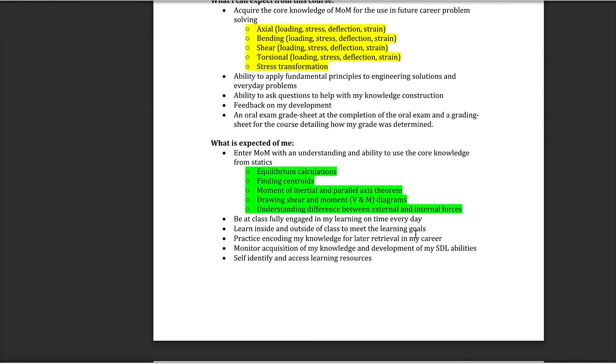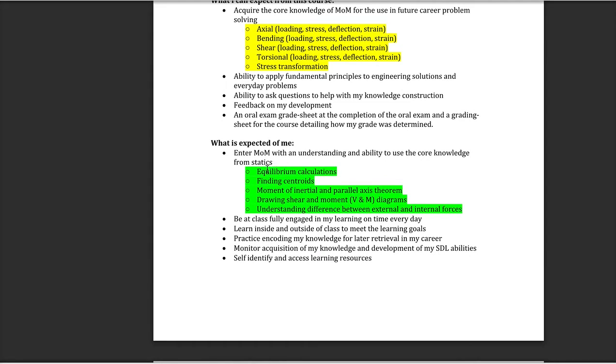What do I want from you? Well, this green set of things here is what I'm expecting you to bring from statics. Now, this doesn't always make people overly happy. What do you mean? We were supposed to remember those things from statics? Well, yes, you were.